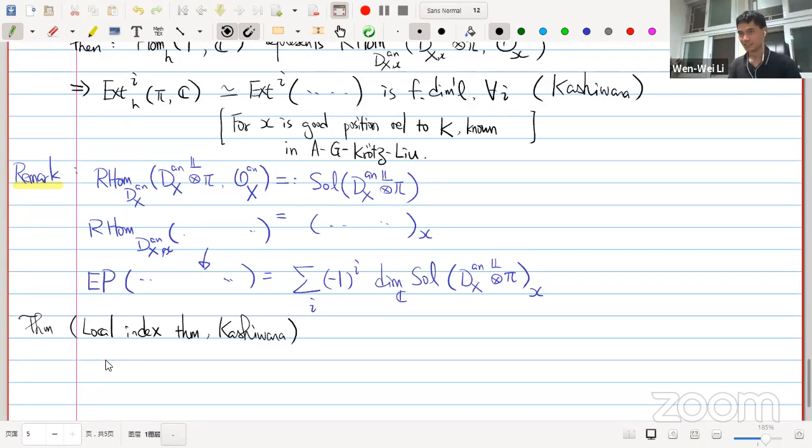It expresses the Euler-Poincaré characteristic, let's call this EP, of the solution complex of some holonomic, in particular regular holonomic, module on X.